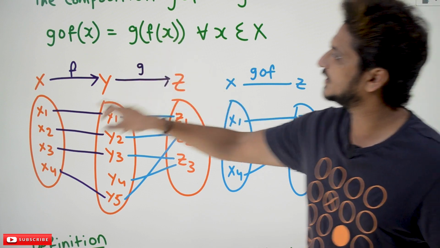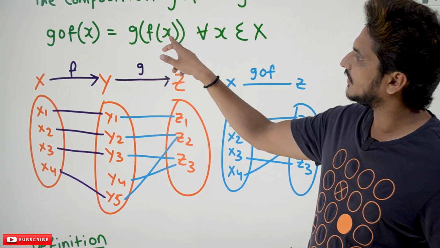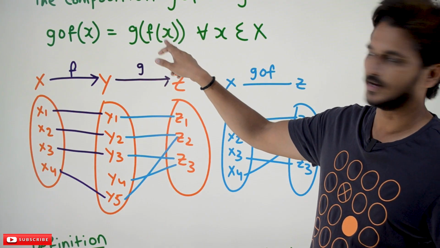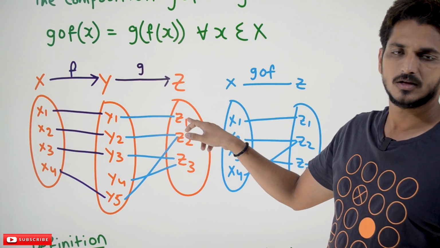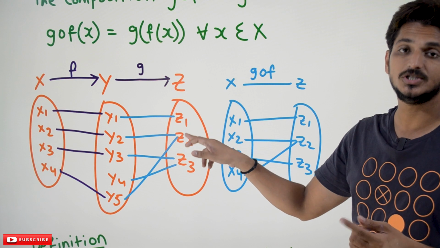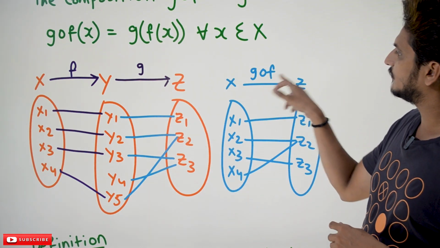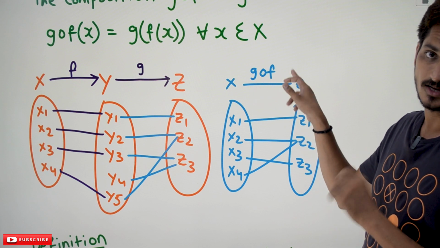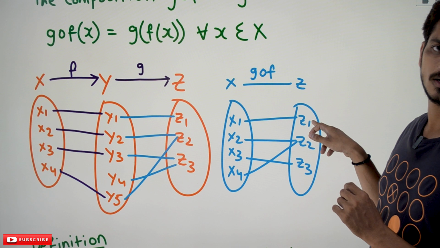F of x1 is y1. So in place of f of x1, you can place y1. G of y1 is z1. So x1 is mapping to z1 in g composition f of x. So g circle f is given as x1 mapping to z1.